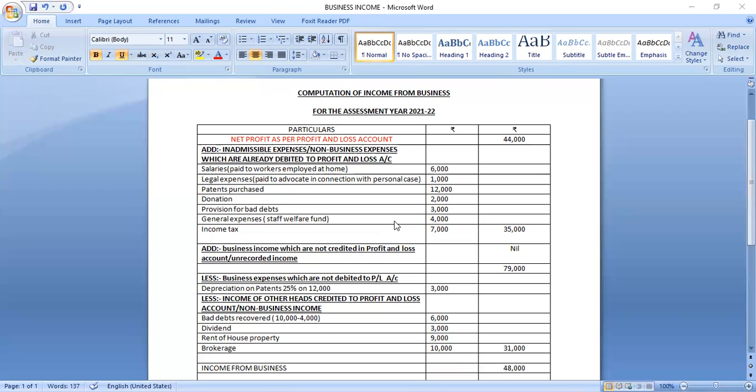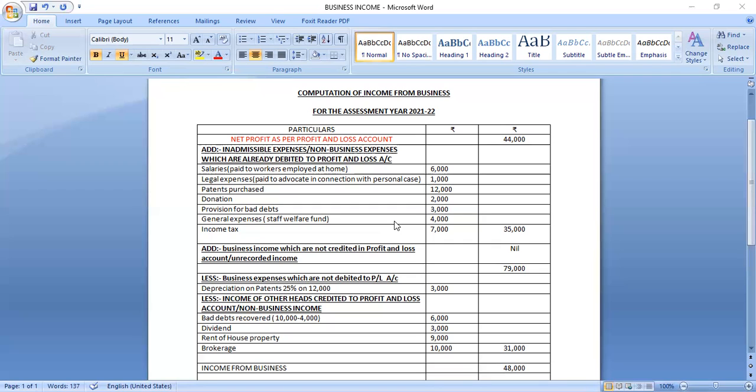Depreciation is an allowed expense, and in the adjustments there is no such depreciation given in the problem. So the depreciation given on the expenses side is an admissible expense. We don't include it here. We have to include only inadmissible expenses.